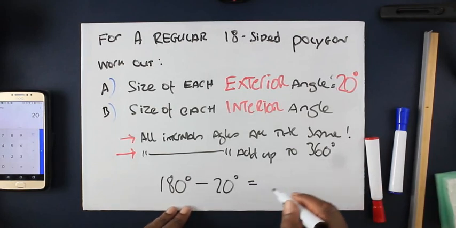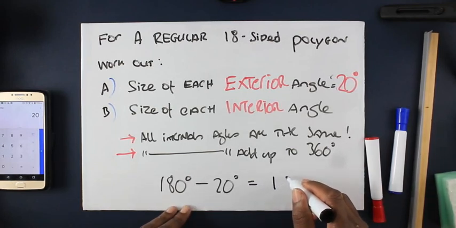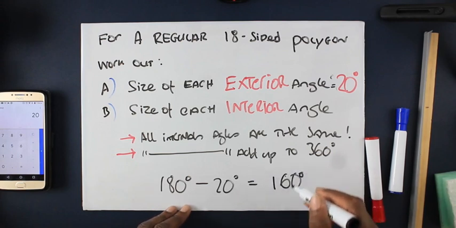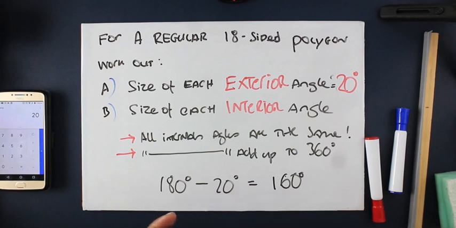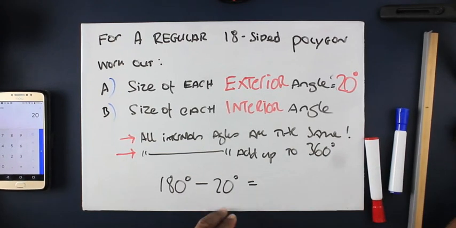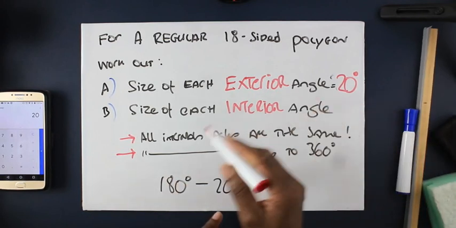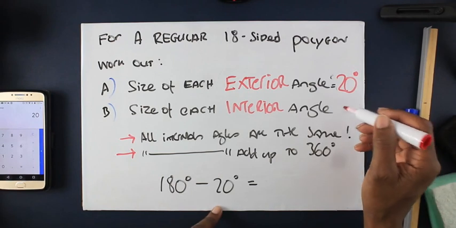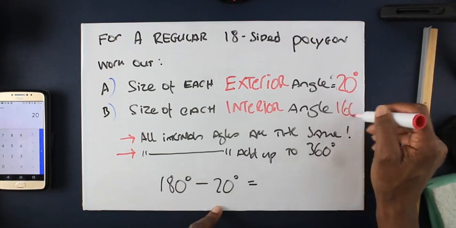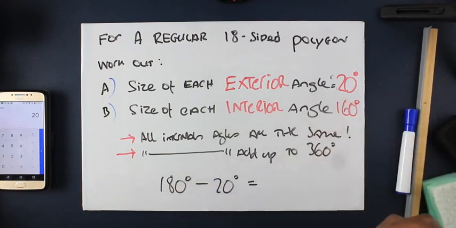Well, 180 minus 20 equals 160 degrees. So there we have it. The exterior angle is 20 degrees. All of the exterior angles are 20 degrees and all of the interior angles are 160 degrees.